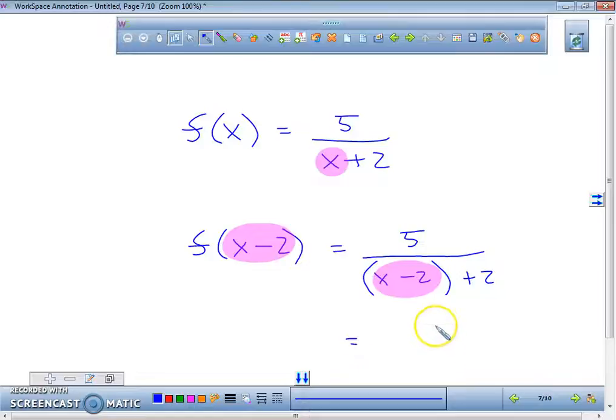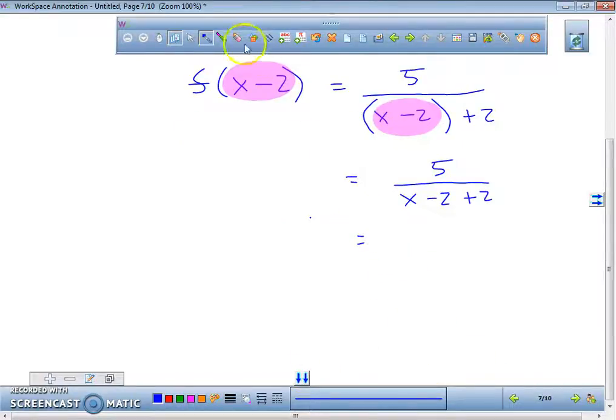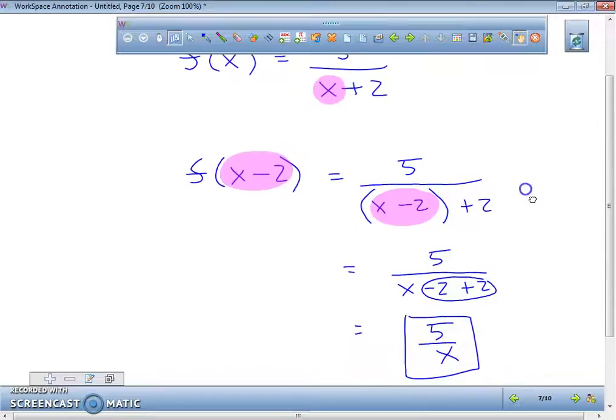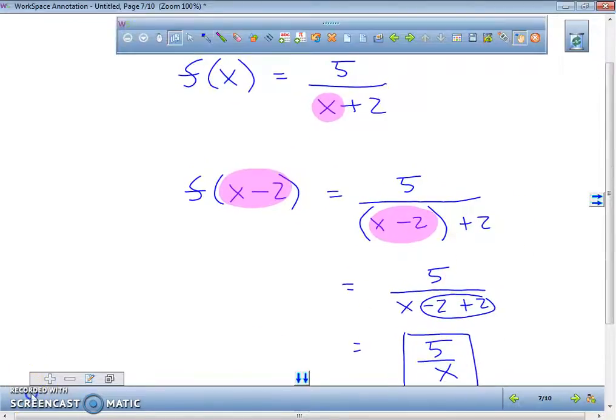So let's see what this value is. Ready? 5 over x minus 2 plus 2. What's going to happen to this plus 2 and this minus 2? So your answer is going to be 5 over x. All right, hold on. Make sure you guys get that down.